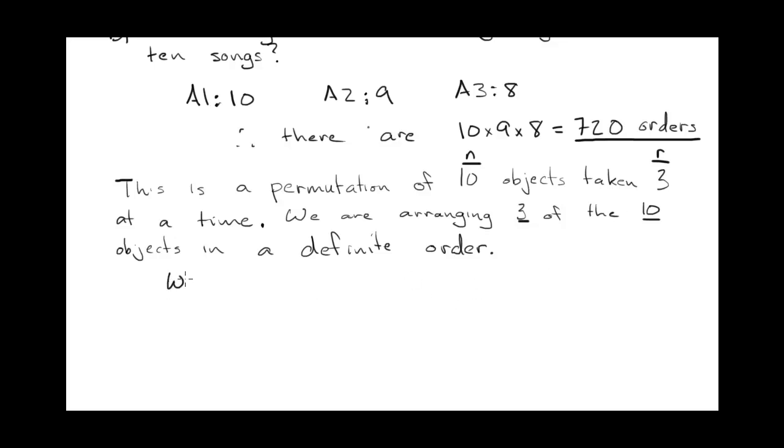So we use the notation, and it's basically the same notation, P, N, and now we're only arranging R of them, so instead of saying N again, we say R.